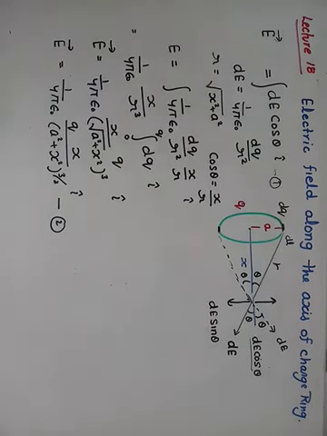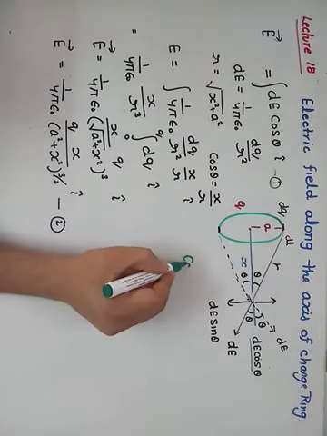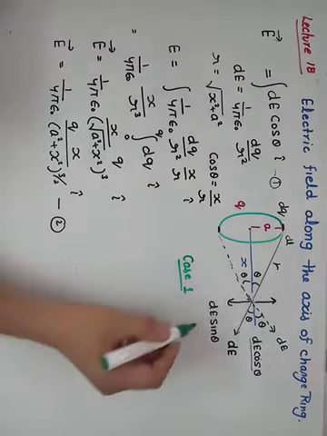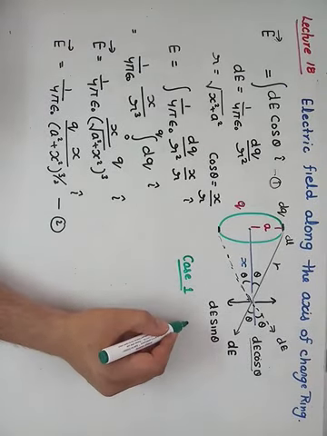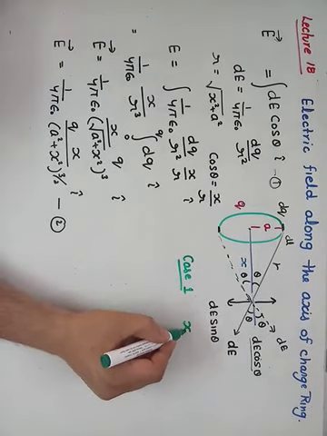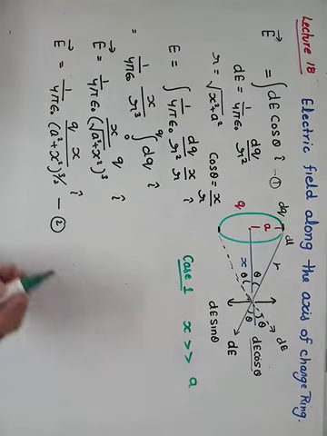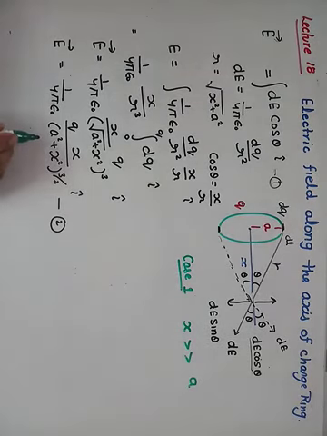Now we'll do one or two special cases. First case, case 1: when x is very much greater than a, in that case we can neglect a. If we neglect a in this equation 2, what do we get?